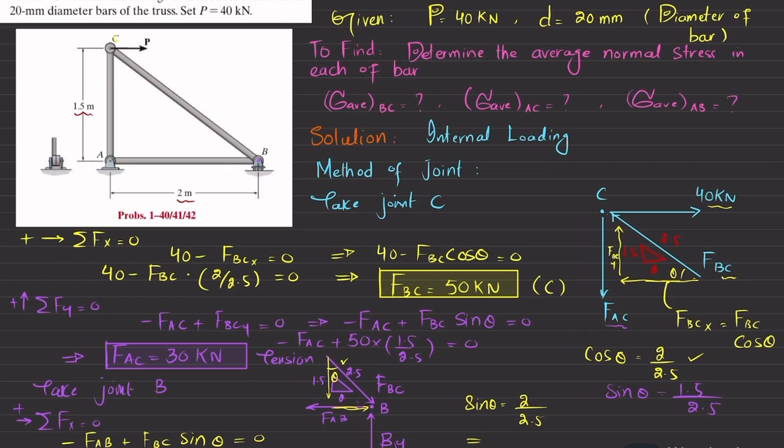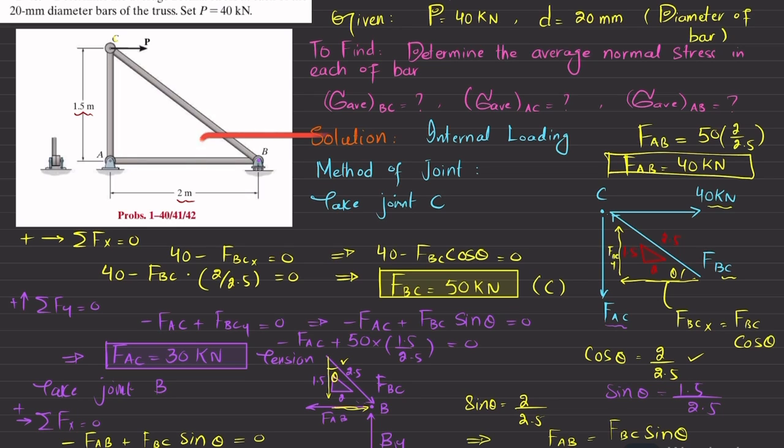So from here you will get FAB is equal to FBC into sine of theta. When you put the value, FBC is 50 into sine of theta, which is 2 divided by 2.5, so you will get FAB equal to 40 kilonewton. So this is the force.